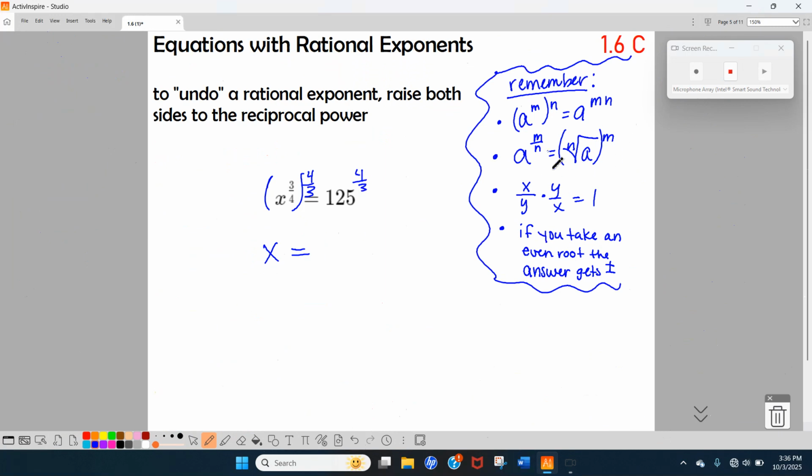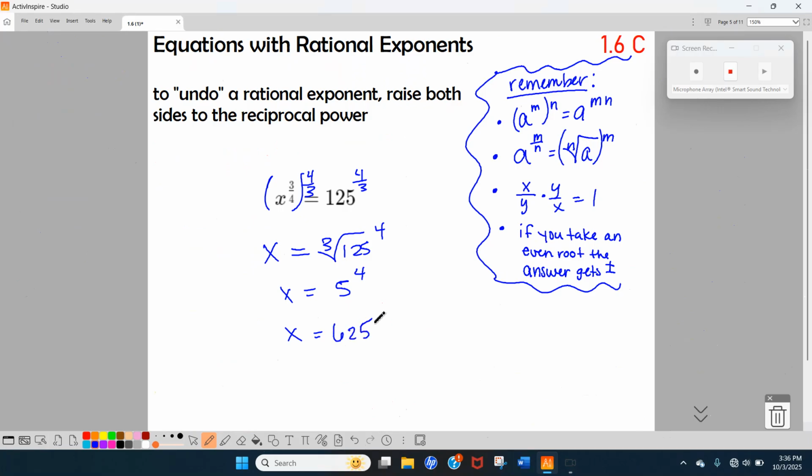So that's going to be the cube root of 125 to the 4th. So 5 to the 4th. So what is 5 to the 4th? I think 625, am I right? Yes.